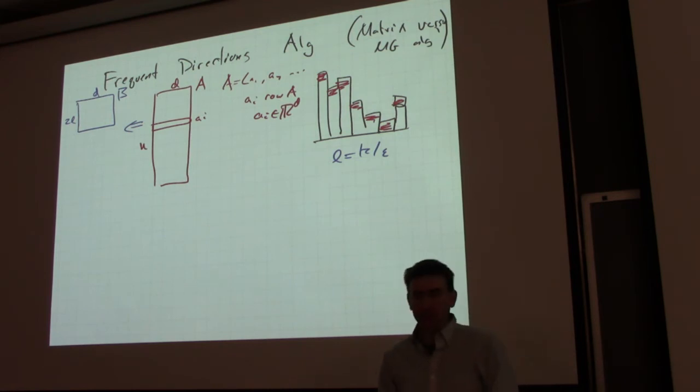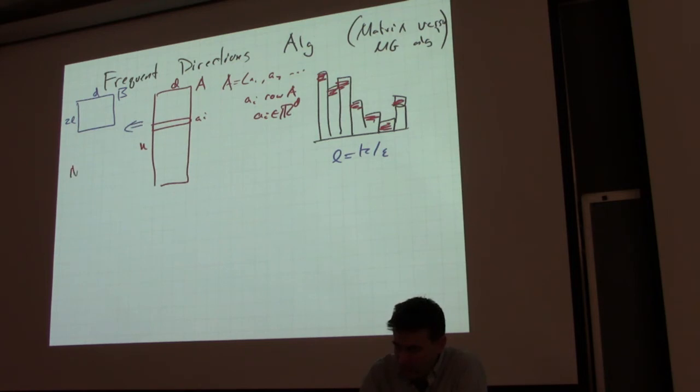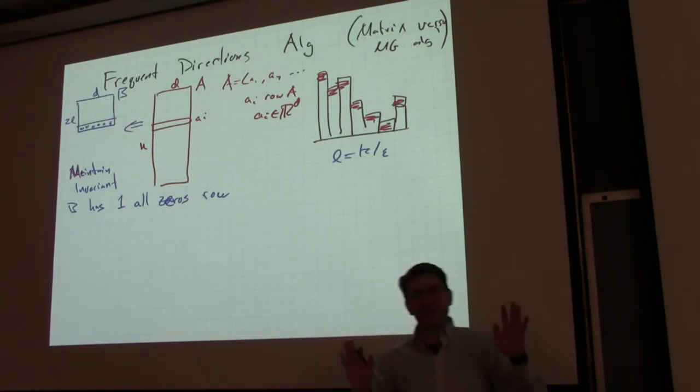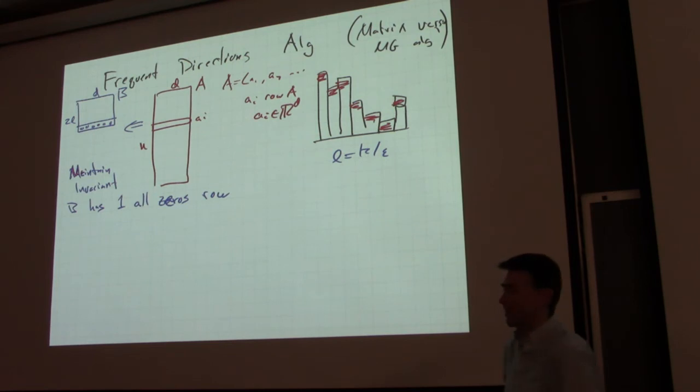Okay, so I'm going to have a matrix B, which is going to be much smaller, and I'm going to maintain the invariant that B has at least one all zeros row. So this last row here, I'm going to keep as all zeros. This is just for bookkeeping.